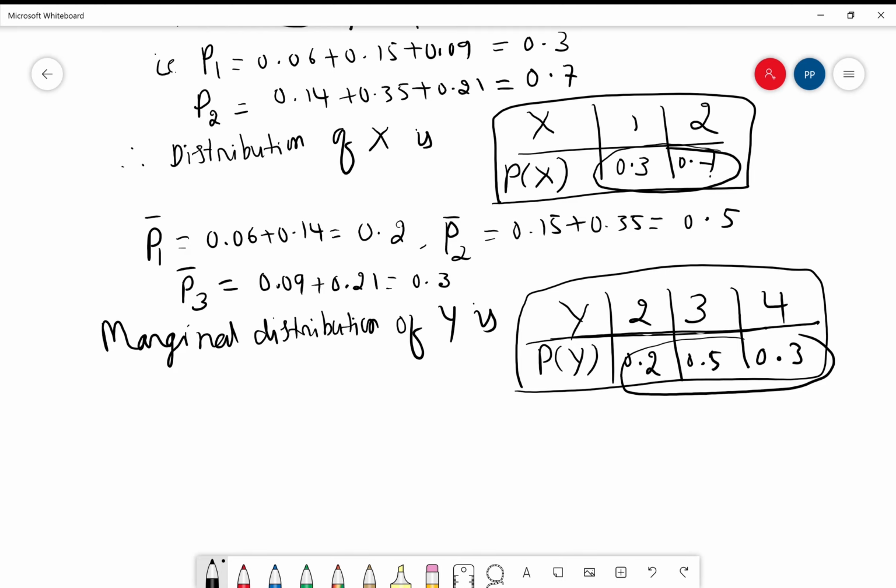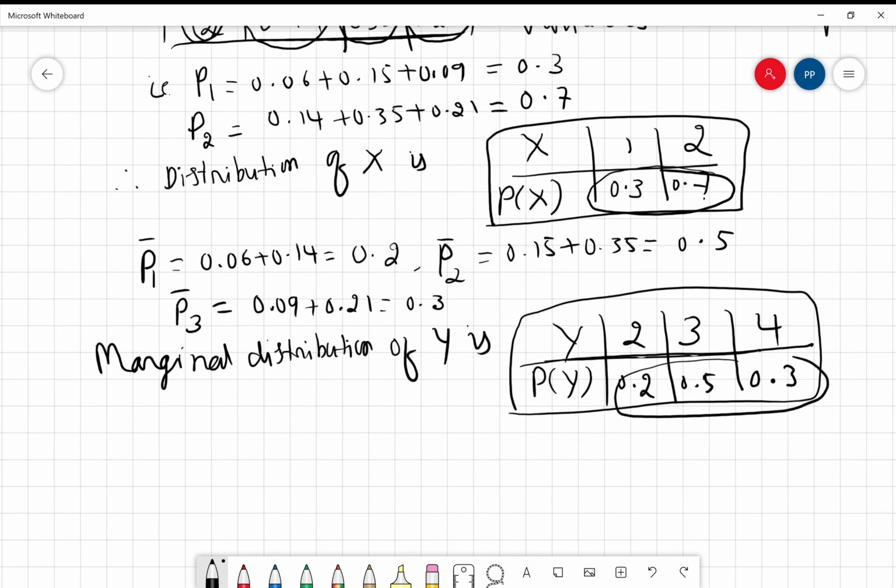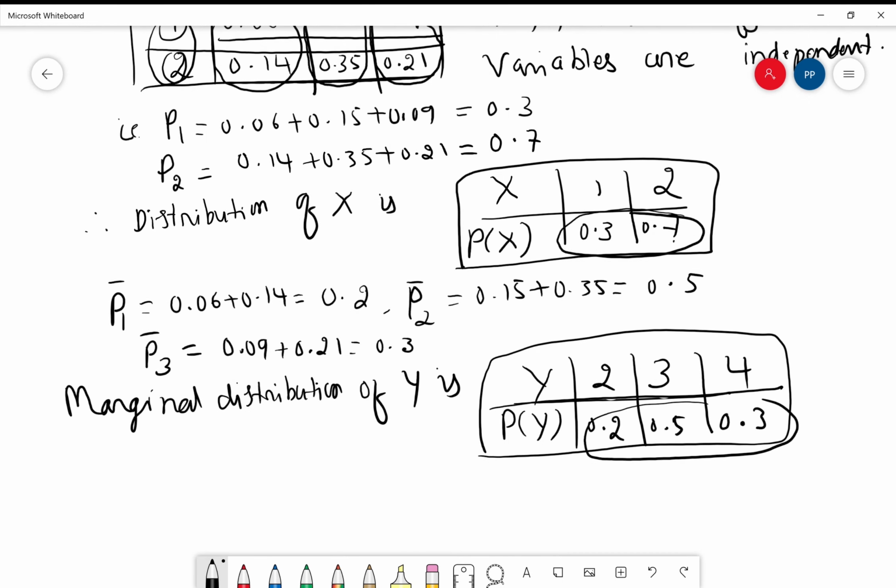Now, we have to check whether the variables are independent or not. Okay, the condition is this. This is actually P1, P2. This is P1 bar, P2 bar, P3 bar. Now take the product of P1 into P1 bar, which is 0.3 into 0.2. What are you getting? 0.06. And this is nothing but the value given here.